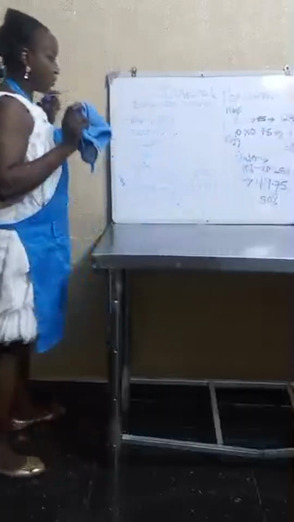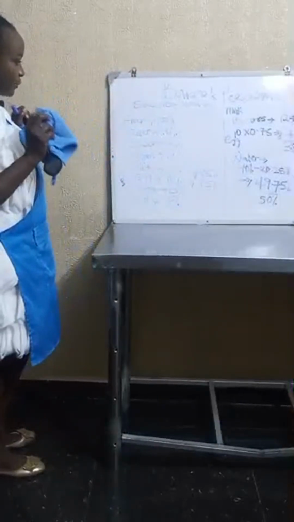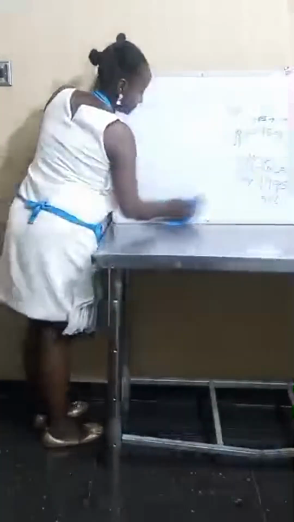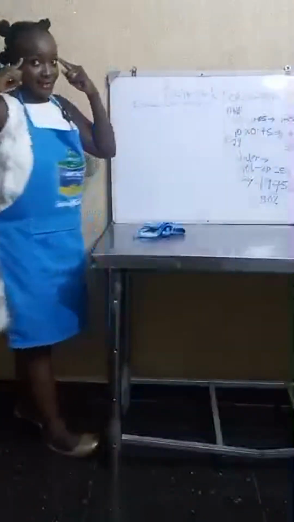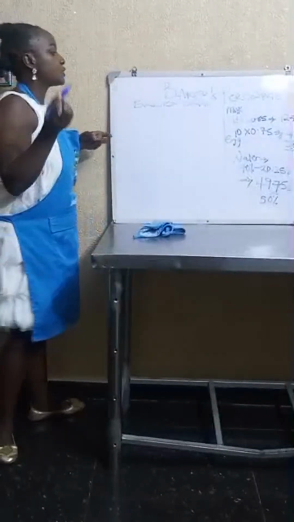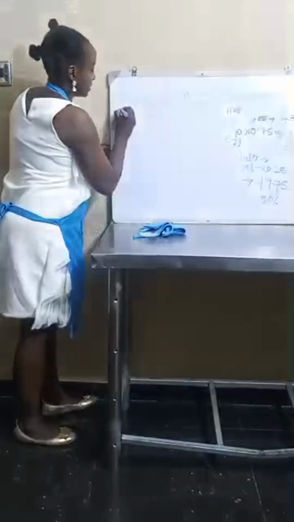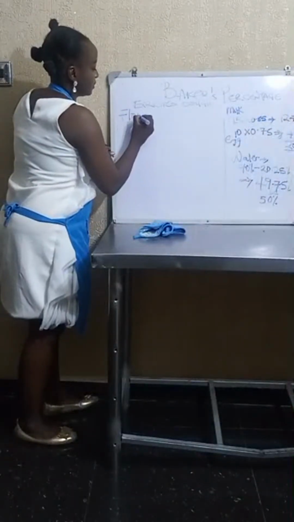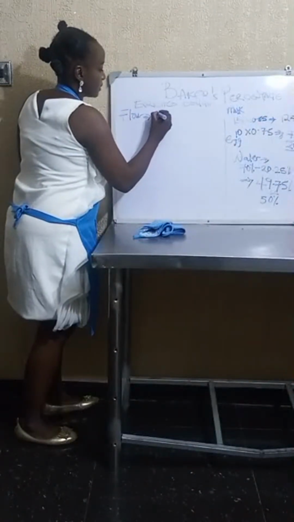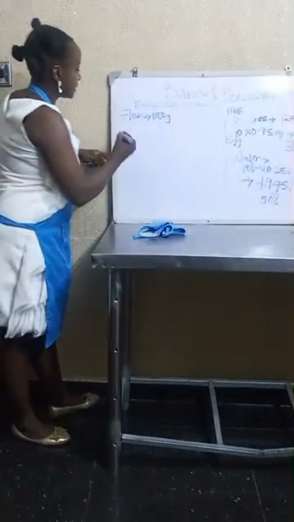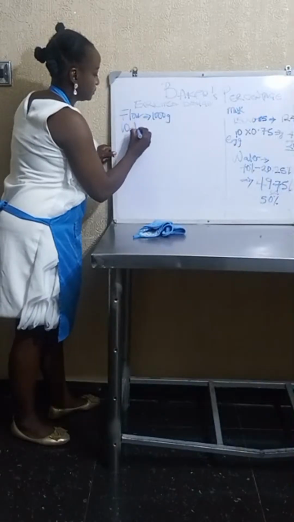So which one do I swipe for this example I want to give? All right, let me just wipe this off. I hope you have it in your heads or you have taken it down. So let's say we have a recipe where the flour is 1,000 grams. Our water is how many grams now?